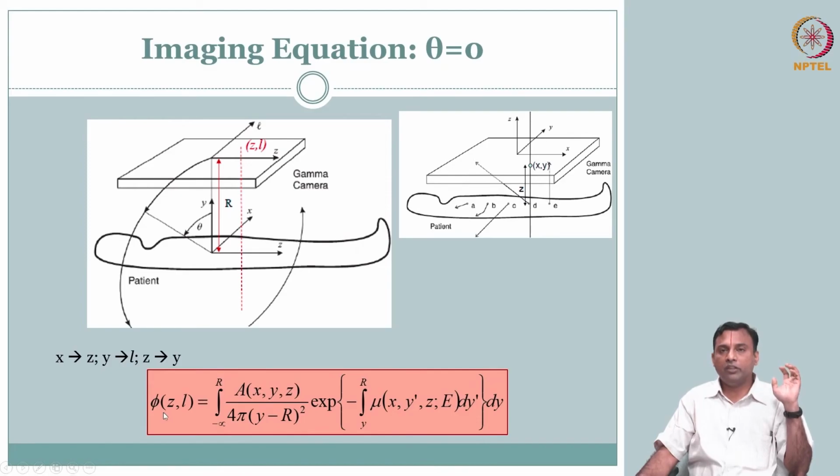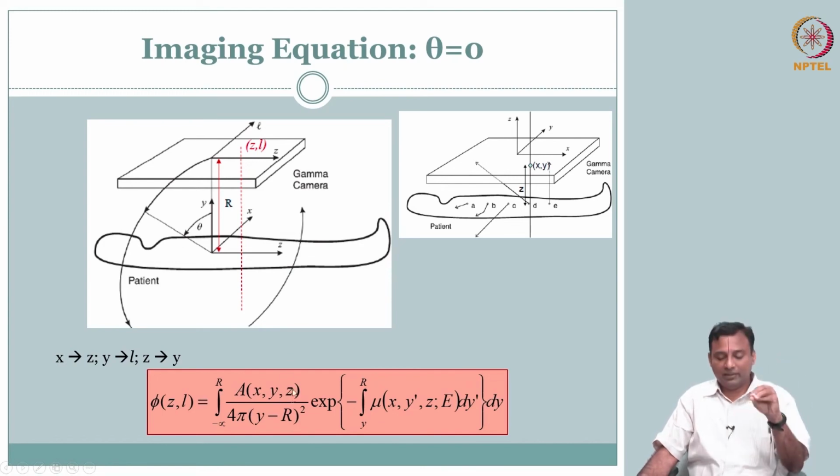So, with the equation we got before, phi of Z comma L is, you have this A of X comma Y comma Z, your radioactivity. Here we have not really changed much; the radioactivity we have left as A of X comma Y comma Z, patient coordinates.